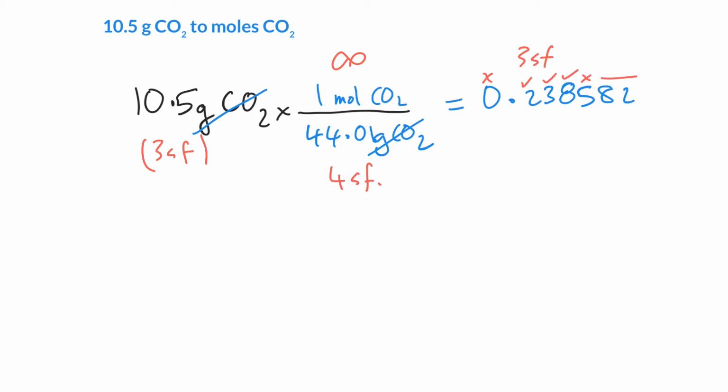We lop off the 5, and 5s round up the number next, so 0.238 becomes 0.239, and the units are moles of carbon dioxide. So that's how we change grams into moles. We just add up the weights of all the atoms. That gives us how many grams 1 mole is, and we use it as a conversion factor problem.